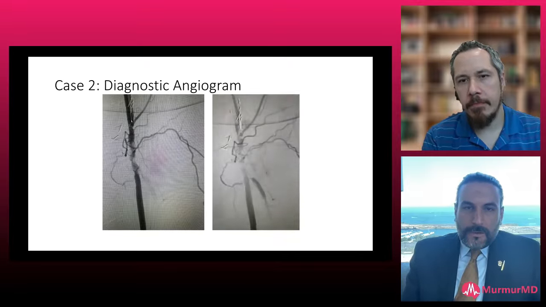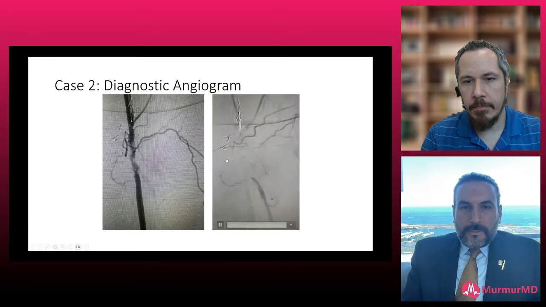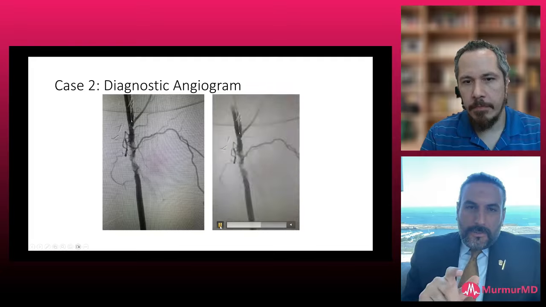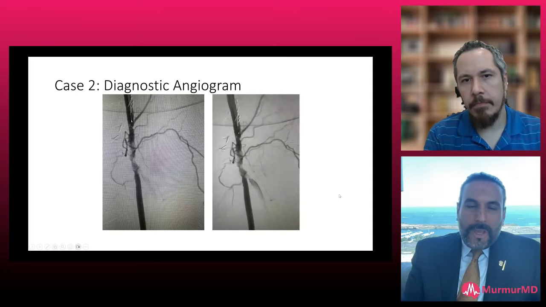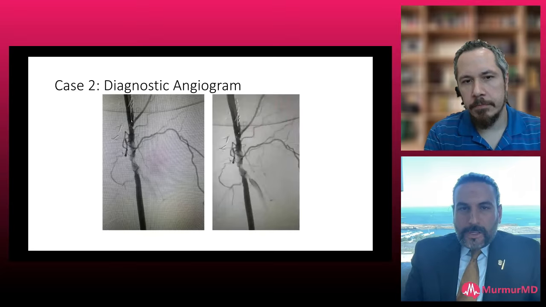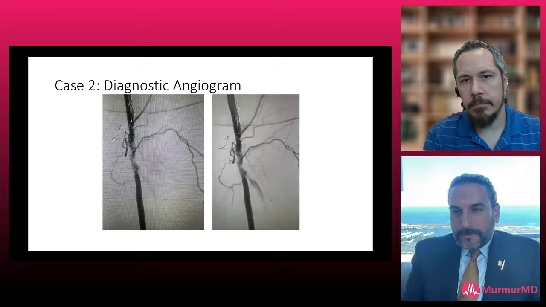But my biggest concern here is not managing or treating the disease. My concern here is damaging the profunda, because that would make this problem a way bigger problem. And because of that proximal ostial profunda calcification, we would prefer to do this via open endarterectomy.